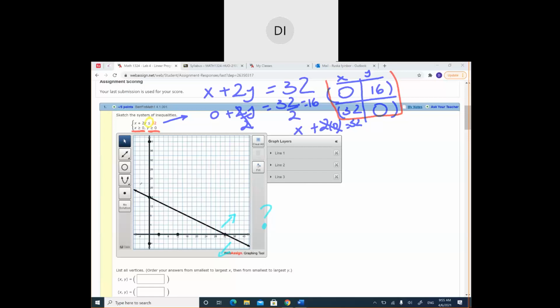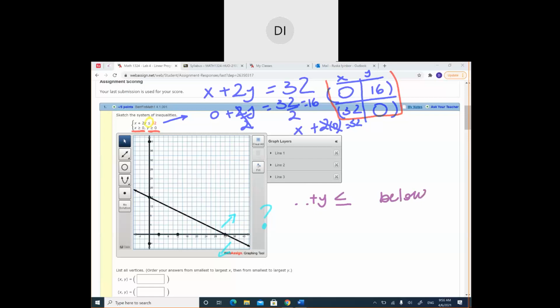Now, this is the rule. If we have y, doesn't matter which side, let's say this side is y, and you have something else, and it's a positive y, see, it's a positive y here, right, plus 2y. If it's less or equal, you're going to shade below the graph, below the line.